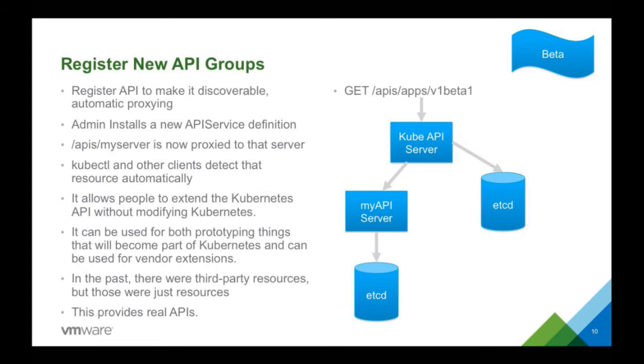It's not coded into the Kubernetes API, but I still want to have that seamless API call from the single API master. This feature is beta in Kubernetes 1.7, but I can register different APIs or different plugins. This is used a lot for network policy that's not necessarily implemented in there. I can use the register new API groups calls.